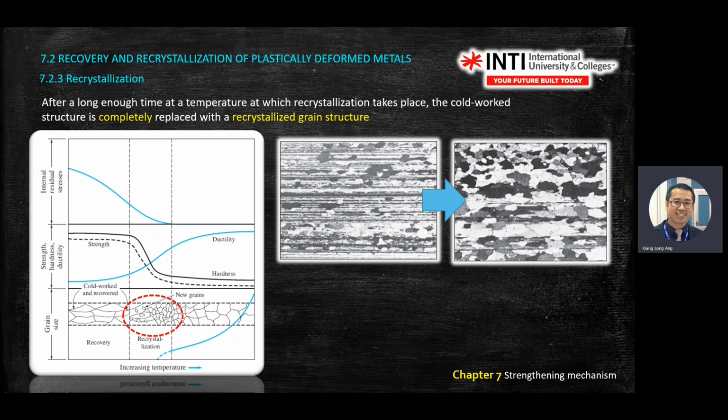So when you increase the temperature up to a certain time, when the cold work is completely replaced with recrystallized grain structure, it means the recrystallization is completed, the process is completed.